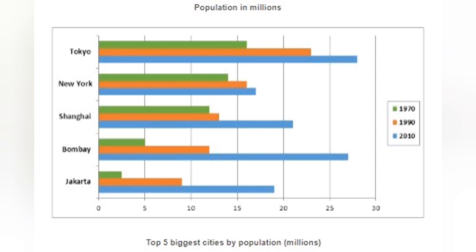So Tokyo is an important city for us. Shanghai showed an increase only in 2010. So we have a lot of things we can mention in our body paragraph.